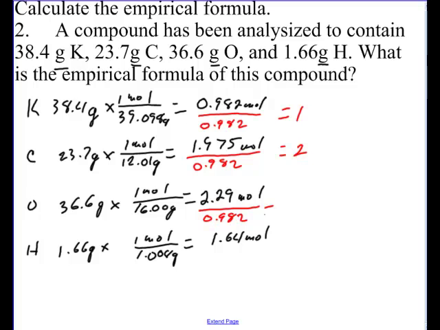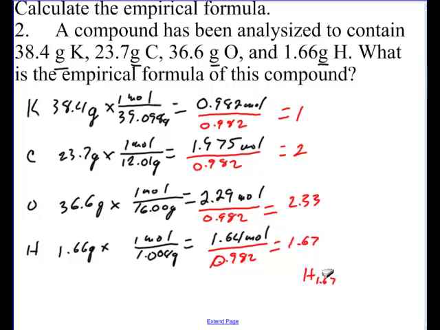Oxygen, 2.29 divided by 0.982, equals 2.33. And last but not least, hydrogen, 1.64 divided by 0.982, equals 1.67. Okay? Now here's a problem. We cannot have a formula that's got H1.67. It doesn't work like that. Atoms combine in simple whole number ratios according to Dalton.